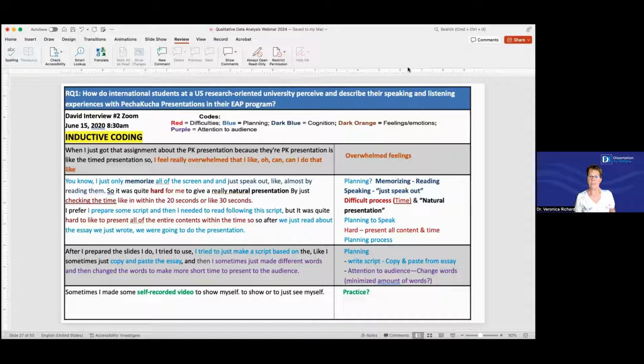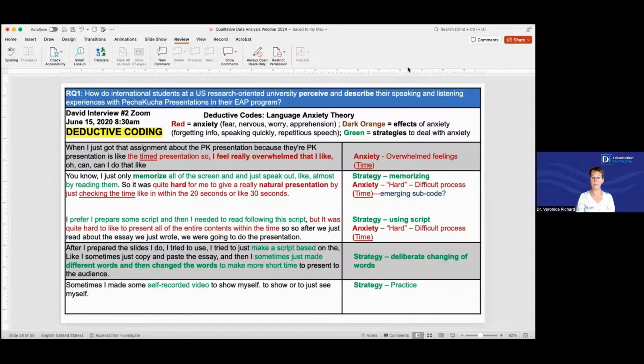So I'll just give you a moment to take a look at that. You see that I have at least 4 different areas here, if not more. 1, 2, 3, 4. Yeah, 5. Okay, so now let's see what a deductive looks like.